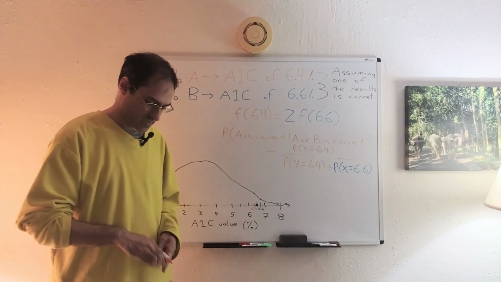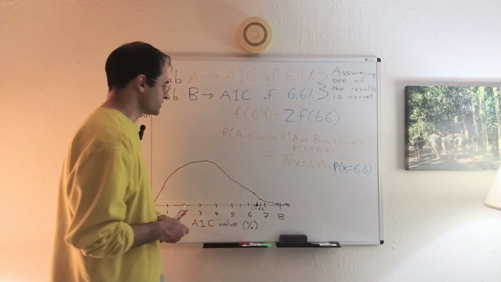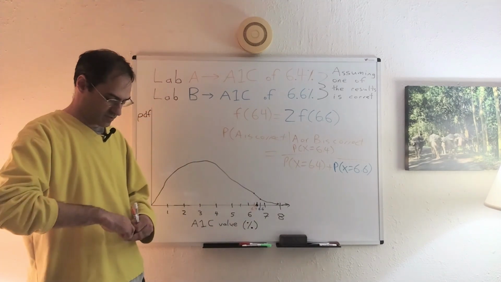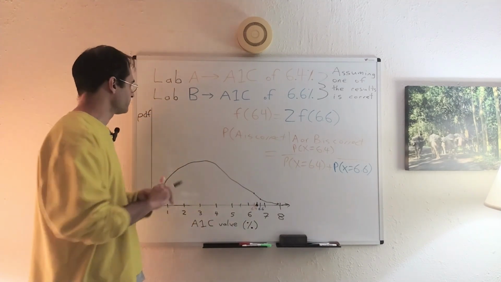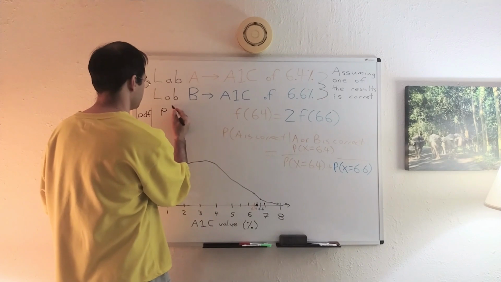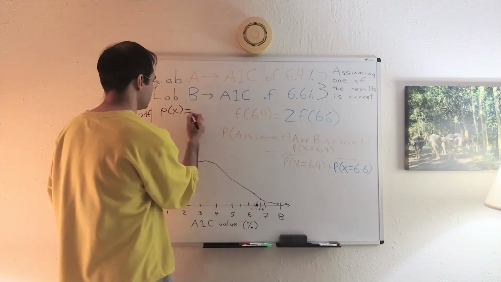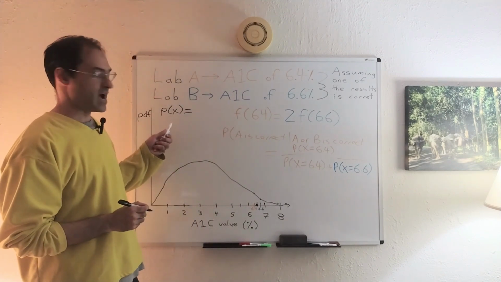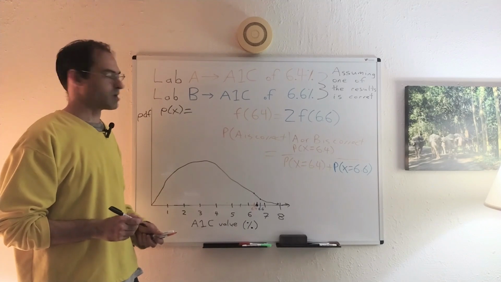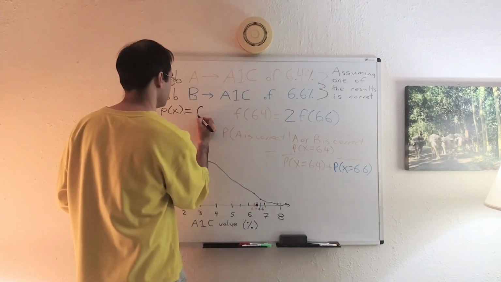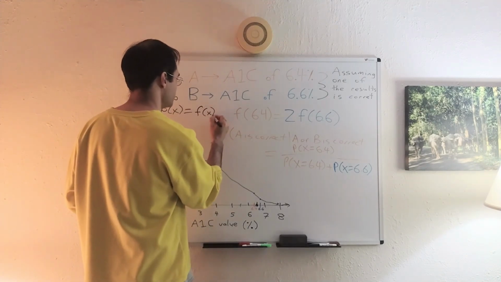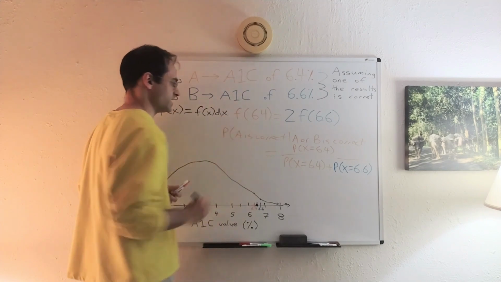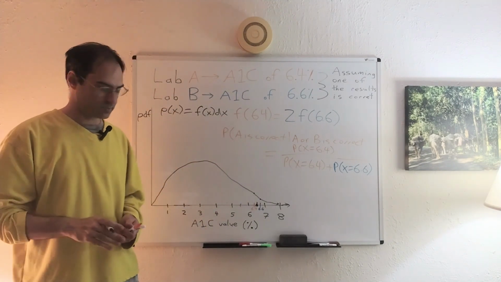So let's look at what I talked about in parts 1 and 2 of this video. The probability of getting a specific value x on a continuous probability density function is equal to the function evaluated at x times that infinitesimally small amount.